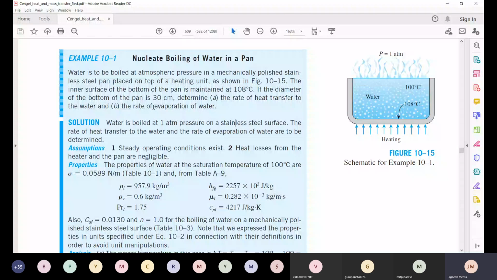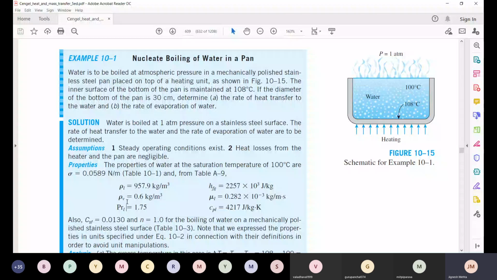So first thing is you have to get various properties. So properties of water at saturation temperature 100 degrees Celsius are found, and this is the surface tension, 0.059 Newton per meter. Other properties, the density of liquid, density of vapor. So at 100 degrees, rho L is saturated liquid, and rho V is saturated vapor.